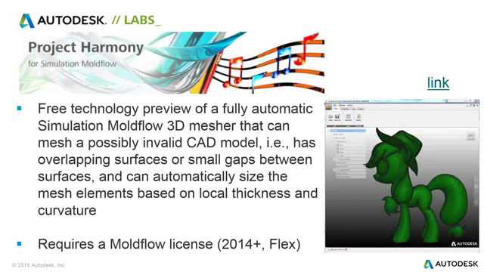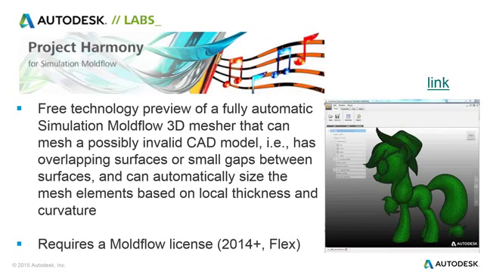Project Harmony allows you to bring in a CAD model from any source right now, with the exception of, I think, Inventor. That's not something that's supported right now, but we'll fix that. You bring in the CAD model, and the point is that it should be able to read a CAD model as well as mesh it, even if the CAD model has some defects in it.